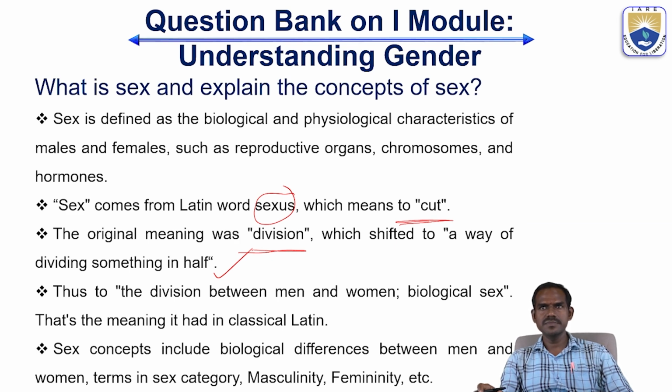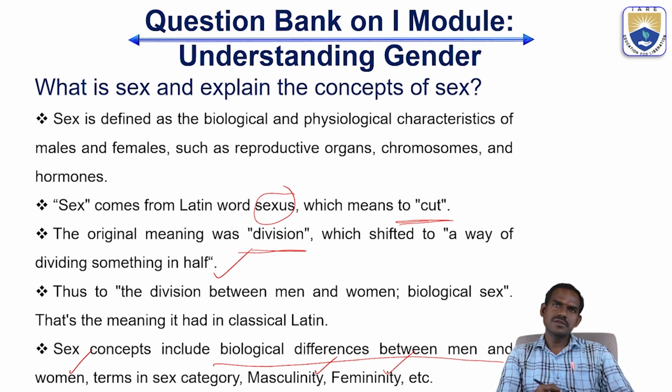Sex concepts include biological differences between man and woman, and terms in sex categories such as masculinity and femininity. The actual terms in the sex category are male and female, but male is characterized by masculinity and female by femininity. Overall, the word sex is defined as the biological and physiological characteristics of males and females, such as reproductive organs, chromosomes, and hormones.